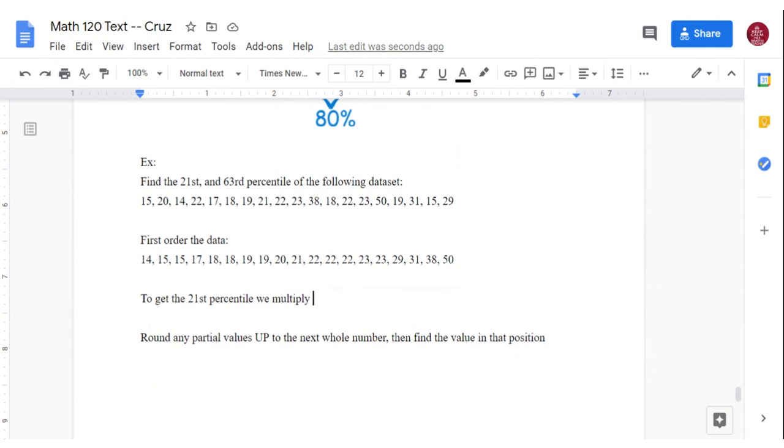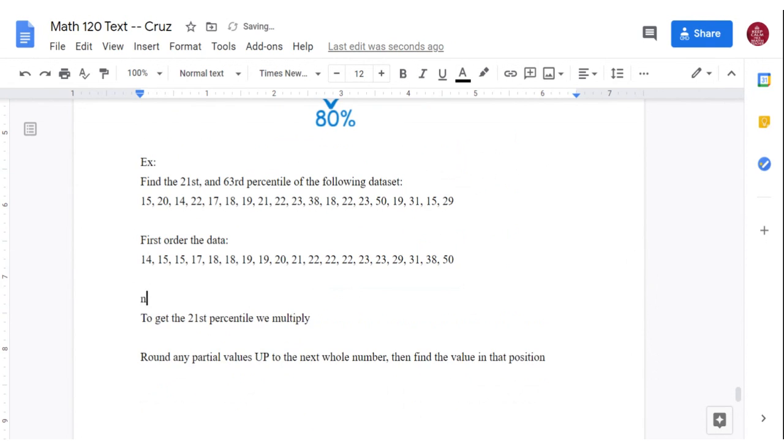And my writers are 20. Let me count them again. 1, 2, 3, 4, 5, 6, 7, 8, 9, 10, 11, 12, 13, 14, 15, 16, 17, 18, 19 pieces of data. In other words, n is equal to 19.